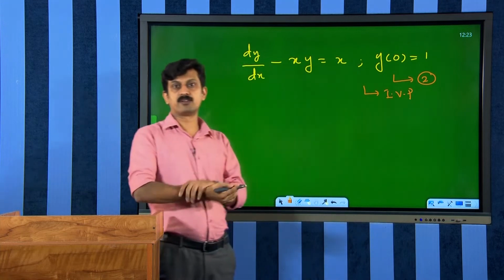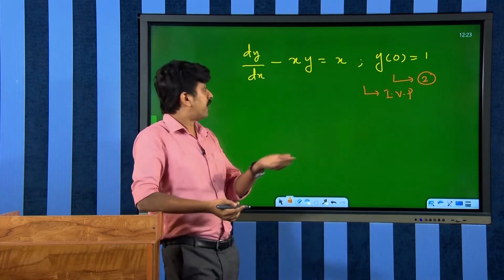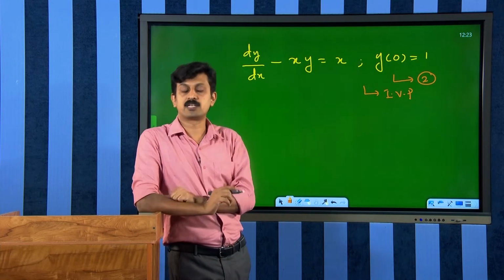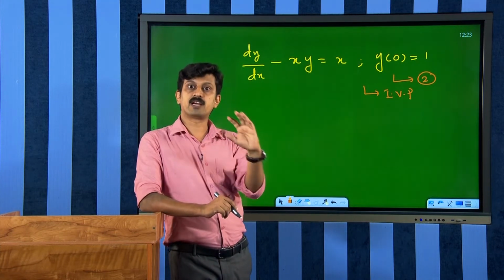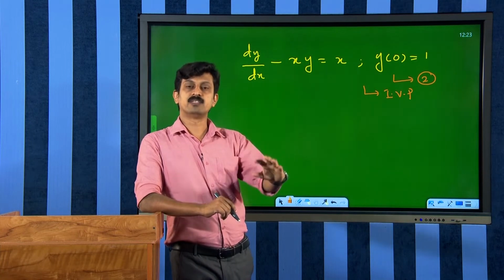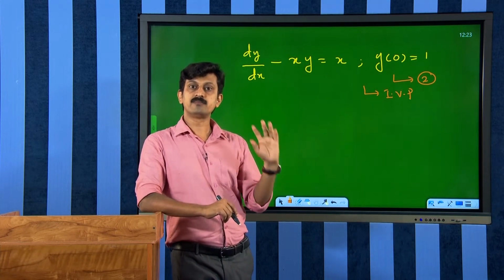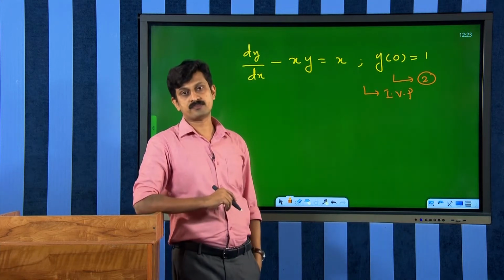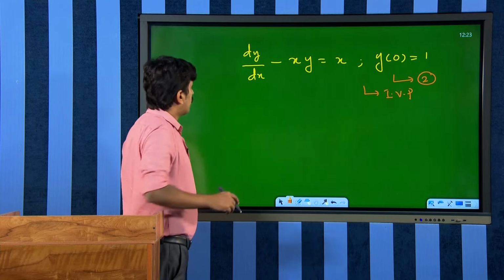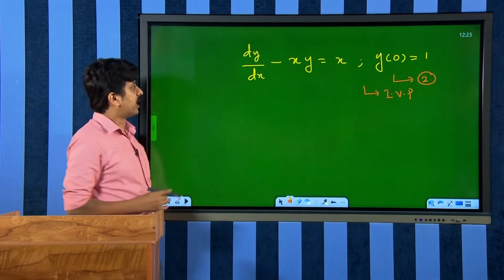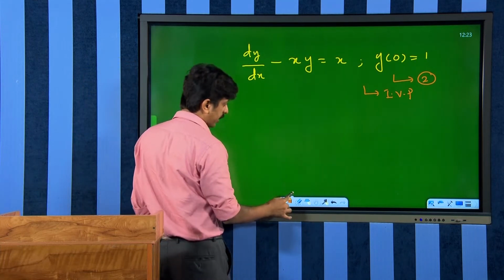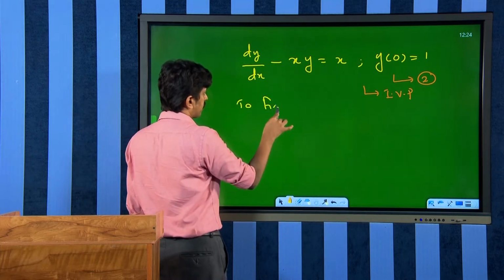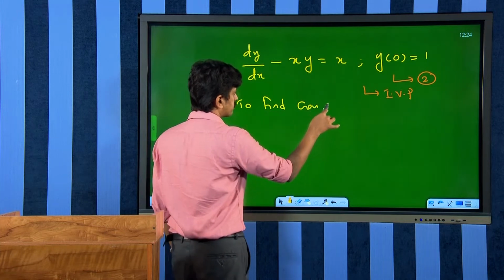We can find a particular solution after evaluating this differential equation while applying this initial condition, and we will get a curve. That particular curve is the solution of the differential equation and should pass through (0, 1). While solving, we first find the general solution.